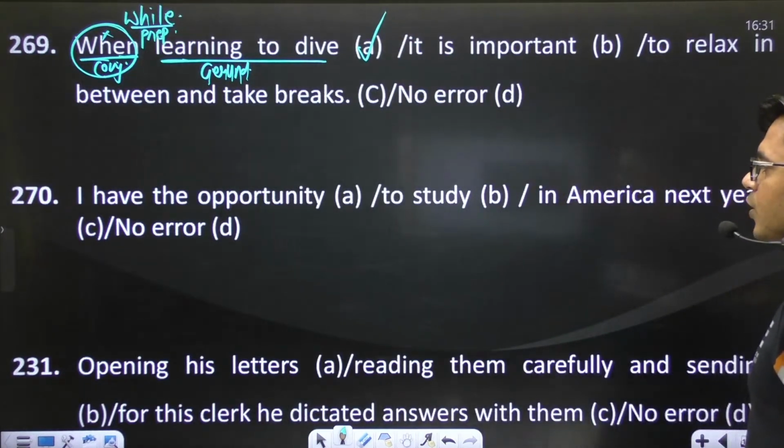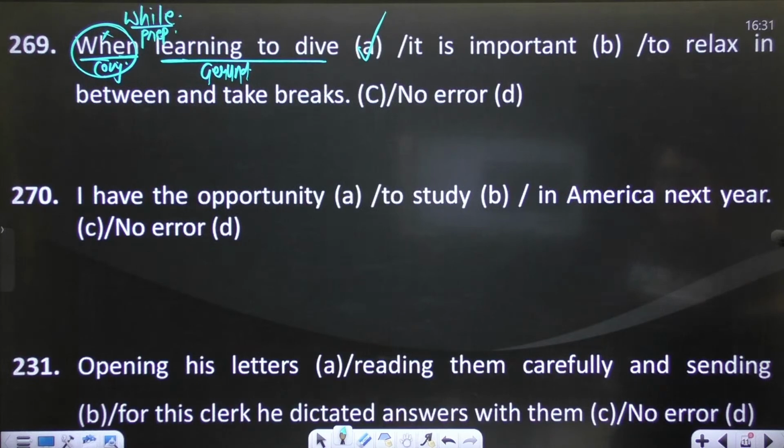Okay, I have the opportunity to study in America next year. Yes. What do you think of this sentence?